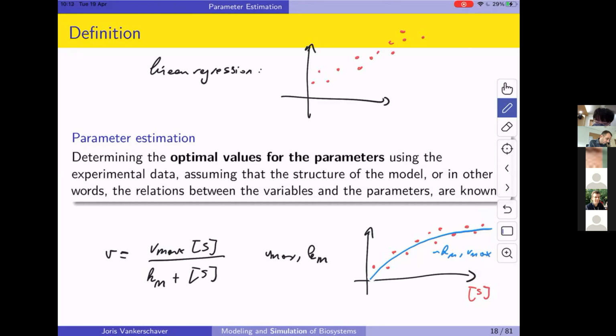Then linear regression was the problem of finding a straight line that best approximates these data. And how did we measure best approximates? Well, we looked at the residuals and we tried to minimize the sum of the squares of the residuals. And in doing so, we found the best fitting line, and that told us something about the intercept and the slope, alpha and beta, of the line.